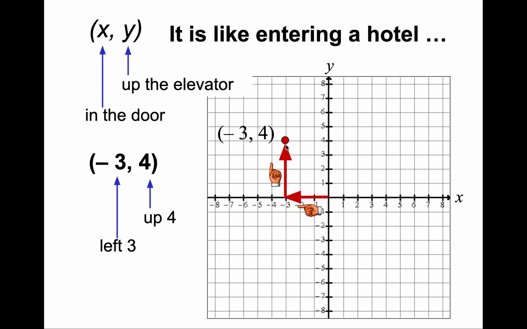That's your position, that's your point right there. It's like telling direction of a place, right? You move into the door and then you go up in the elevator, same as that example. You move this way and then you go up, right?